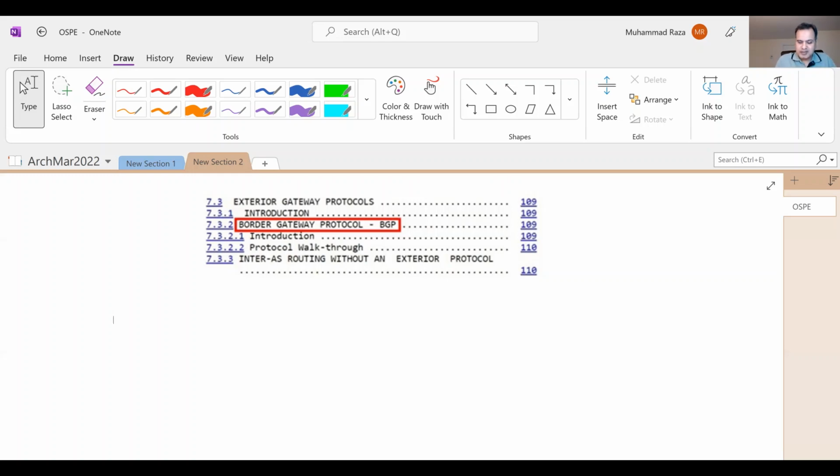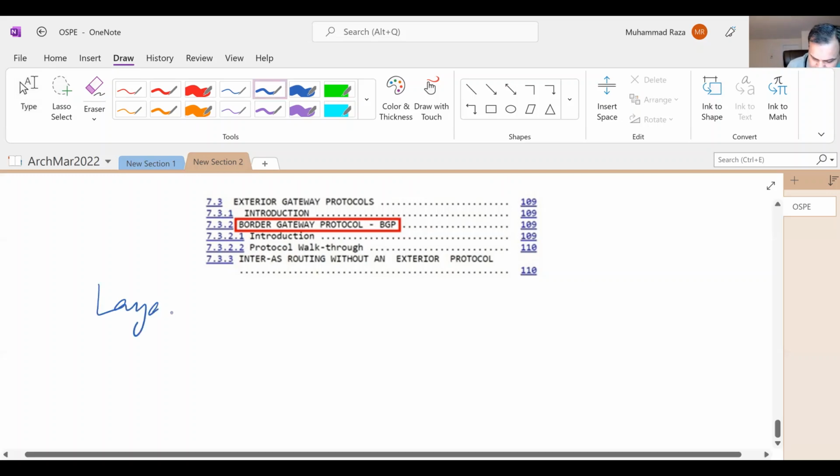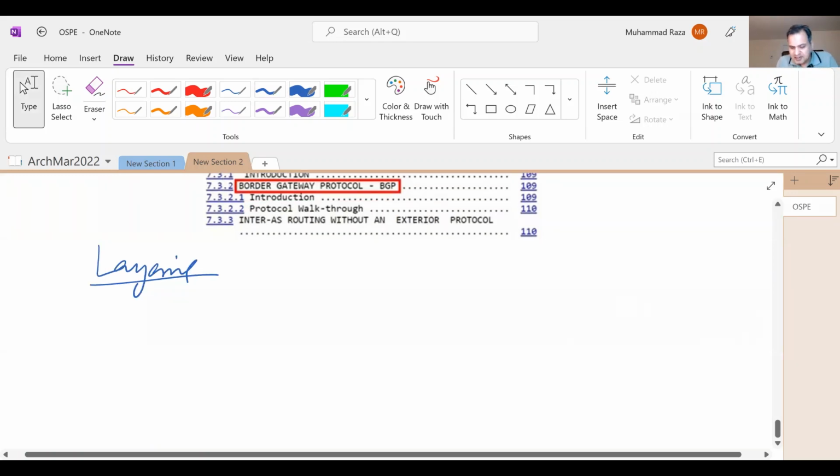Let me talk a little bit about layers. Okay, so layering. Let me take you back to your physical and data link course. There you were talking about peer-to-peer level. And you say, if I have a layer n, there will be an n+1 layer.